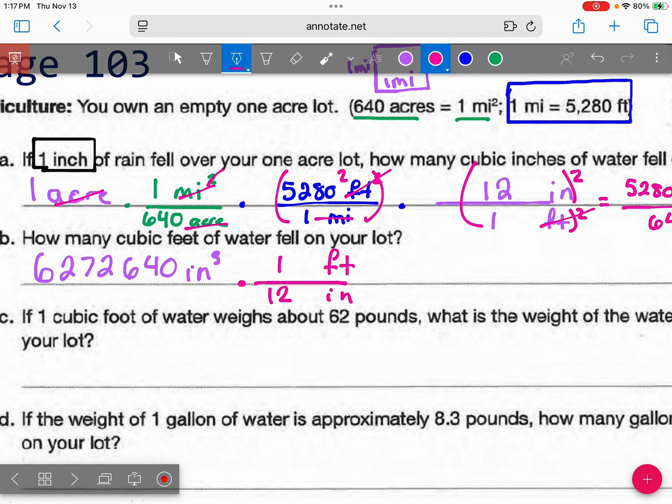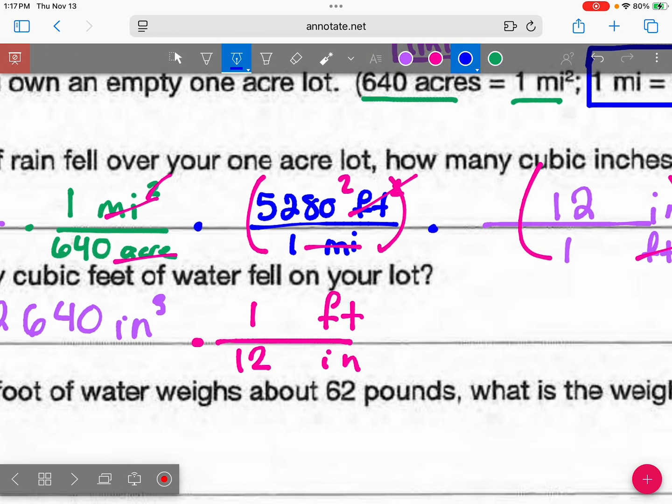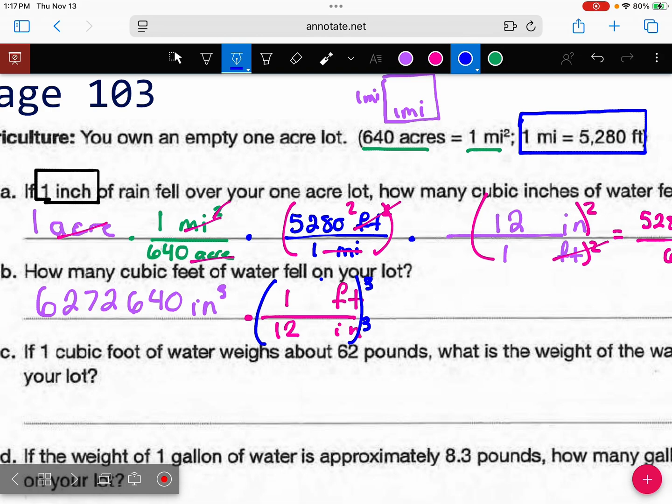Because this is only going to get 1 set of inches to cancel out. I need cubic inches, which means that's going to give us cubic feet. I have to cube both of these. If I want cubic inches to cancel out, I need to cube all of them.